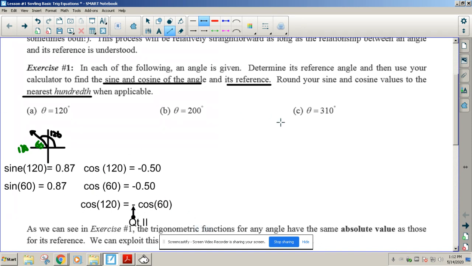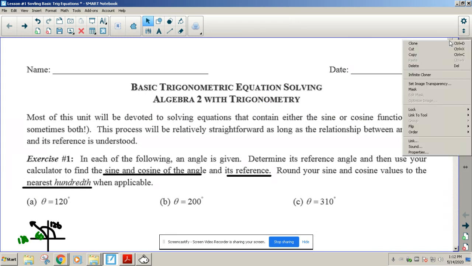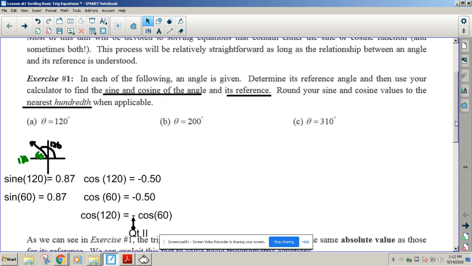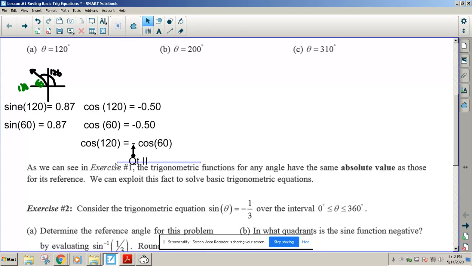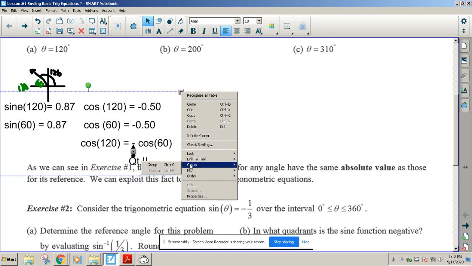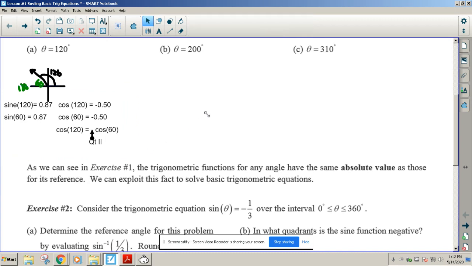So we're going to start this lesson by going back and remembering. Lock this in place so I can move things without destroying the whole board. Okay, so now that fits there.